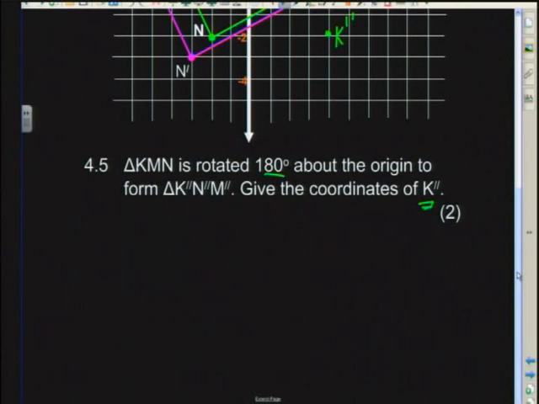What I want to show you is that when we rotate 180 degrees, we first reflect in the y-axis.